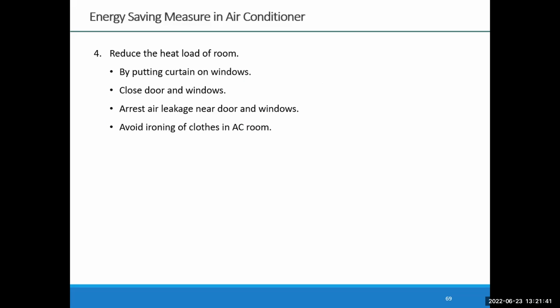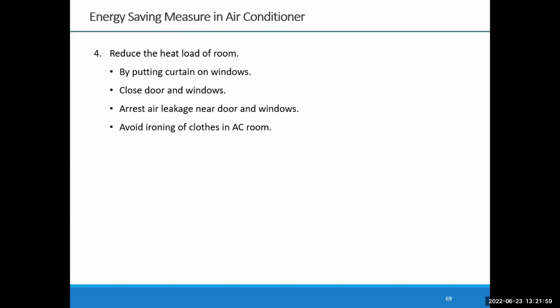So the fourth opportunity of energy saving in air conditioning is to reduce the heat load of the room. The ambient conditions and the aesthetics or design of a room also help in changing energy consumption.